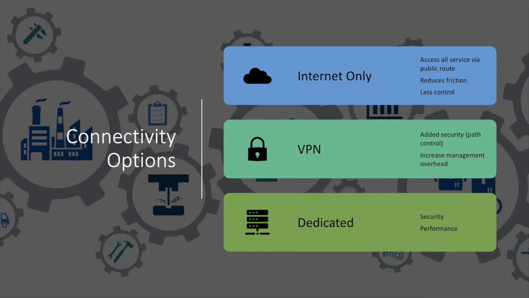You can get 10 gigabit Direct Connects, versus a VPN, which, last time I checked, from AWS to your data center was limited to 4 gigabits per second. So you can increase bandwidth, hence increasing performance and relieving a bottleneck within your environment, but you reduce the overall flexibility of your options.